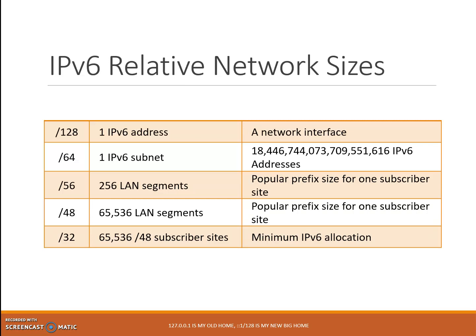The current minimum IPv6 allocation made by the RIPE NCC is a /32 network prefix.